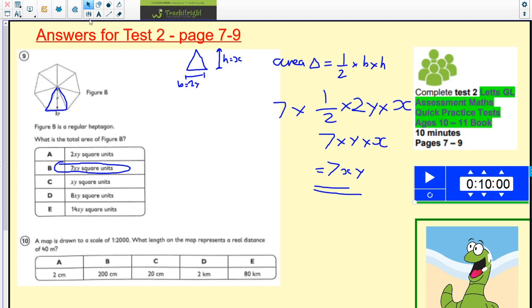Right, question 10. A map is drawn to a scale of 1 to 2,000. What length on the map represents a real distance of 40 meters? So for these, with scales, it's always the real distance is the big one.